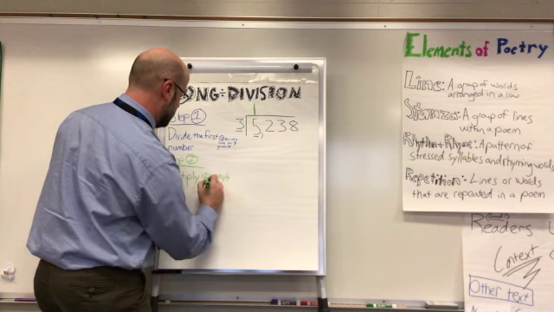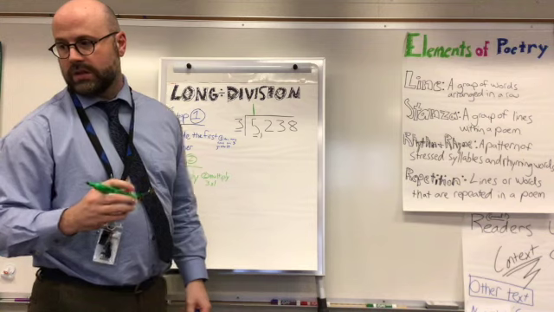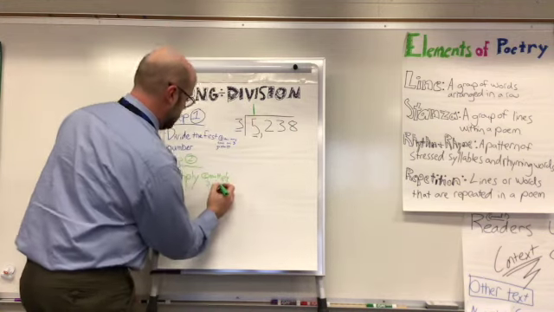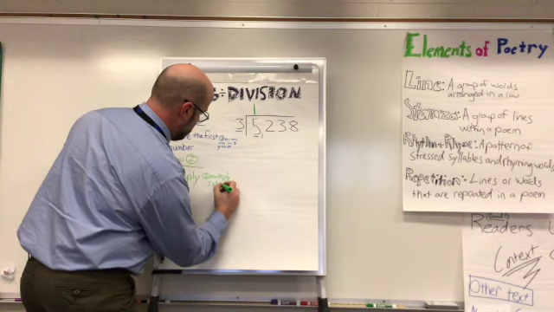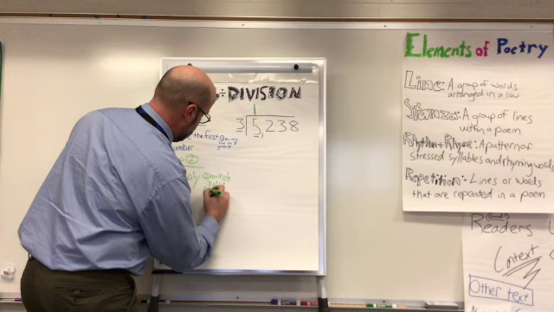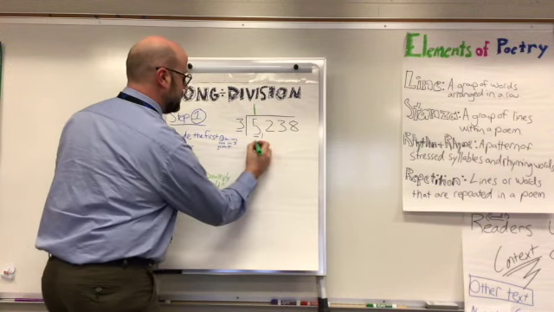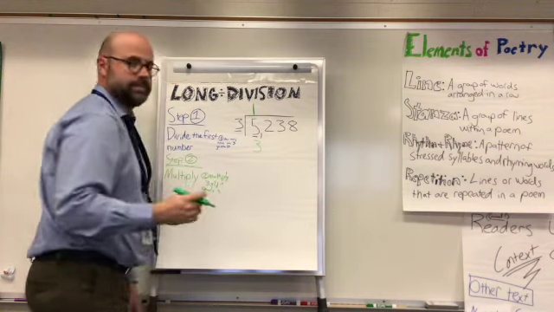Multiply 3 times 1. Okay? And that equals 3. 3 times 1 is 3, and you put it right there.